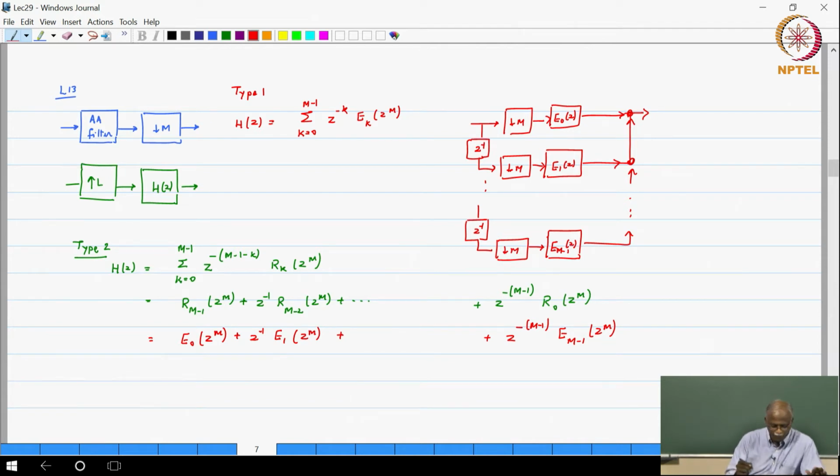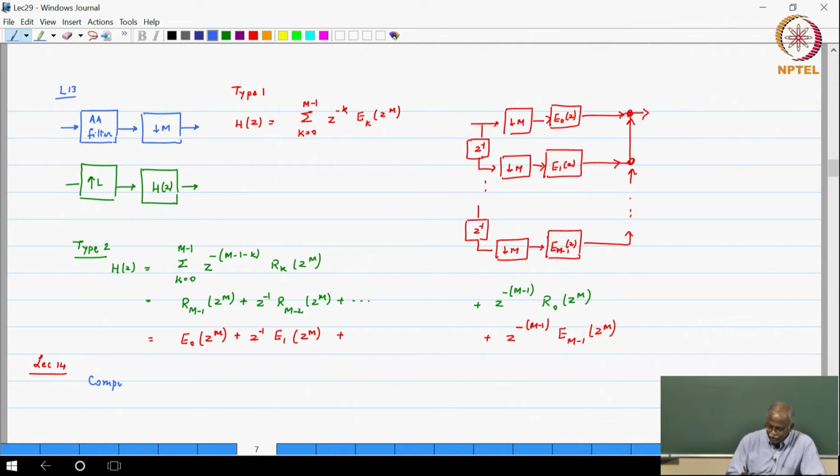I think somewhere between lecture 13 and 14, we also looked at the computational savings. Most probably it was part of lecture 14, we showed that the computational savings, if you do the polyphase part, is a factor of m over the case where you did it in the direct form without taking any advantage of the fact that you are downsampling.